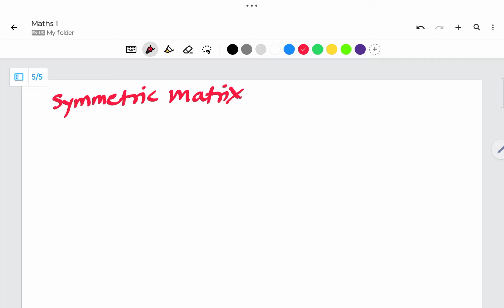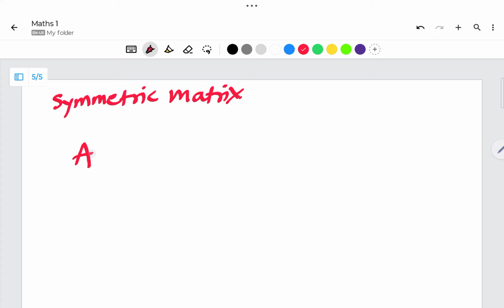A square matrix is said to be symmetric if it remains the same when rows are changed into columns and columns are changed into rows. Let me explain with an example.